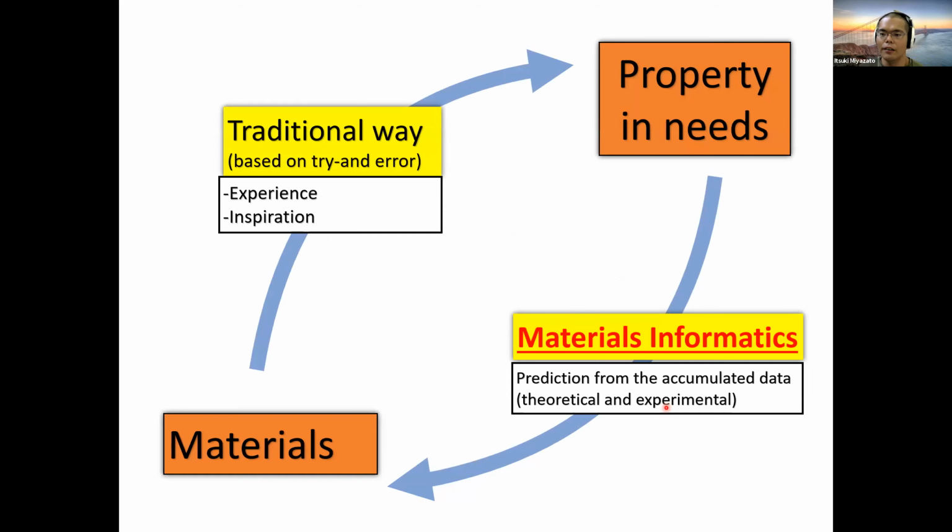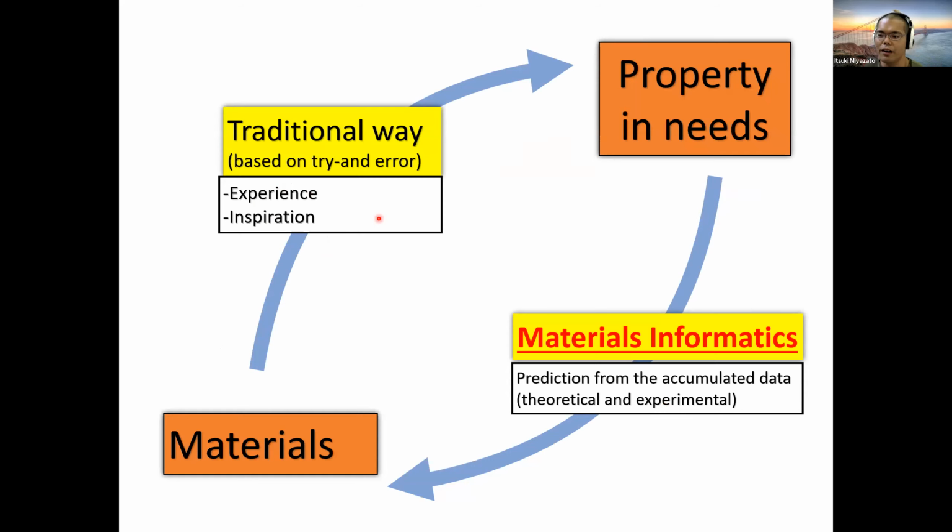In the traditional way, materials are designed by the experience or inspiration of researchers. This approach is based on trial and error, but it mostly needs a lot of time and research budget.